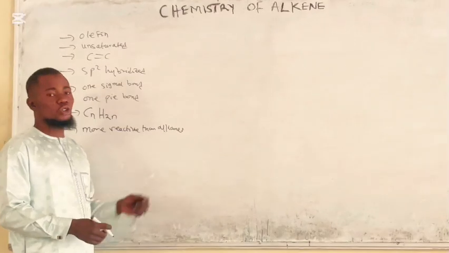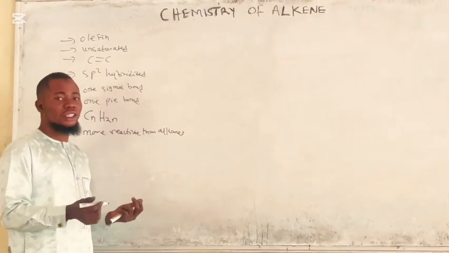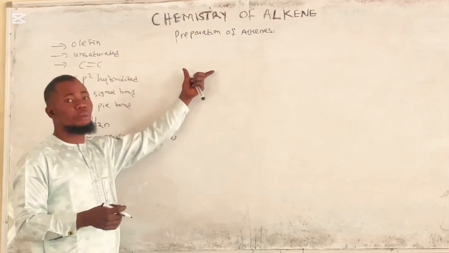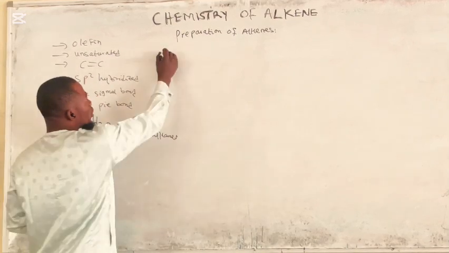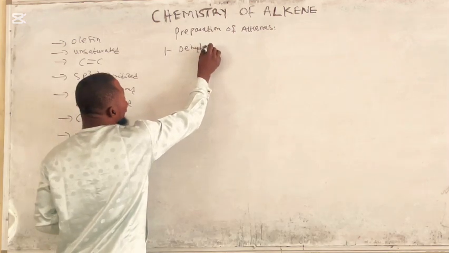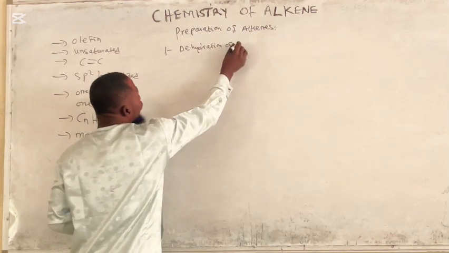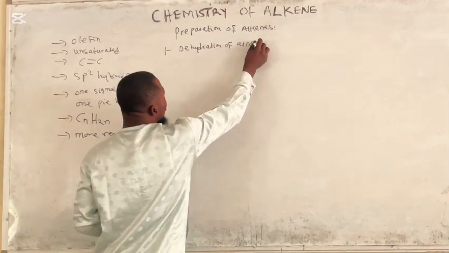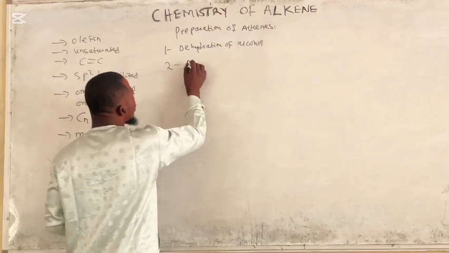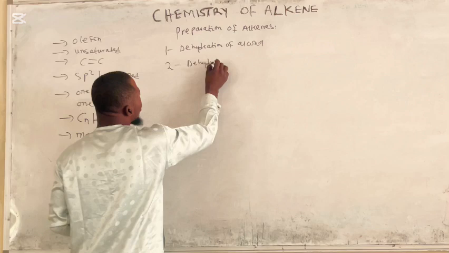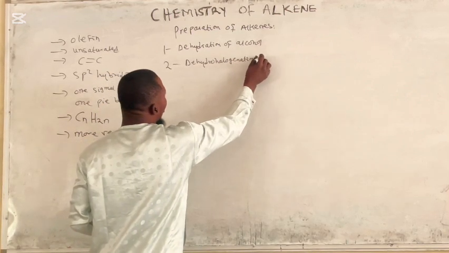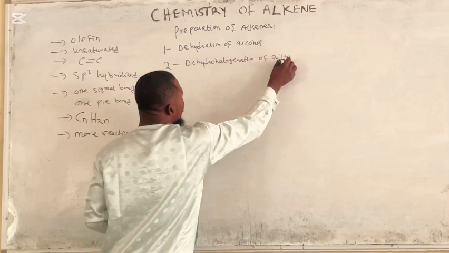Now moving on to the preparation of alkenes. There are various methods in which an alkene can be prepared. One, dehydration of alcohol. Two, dehydrohalogenation of alkyl halide.